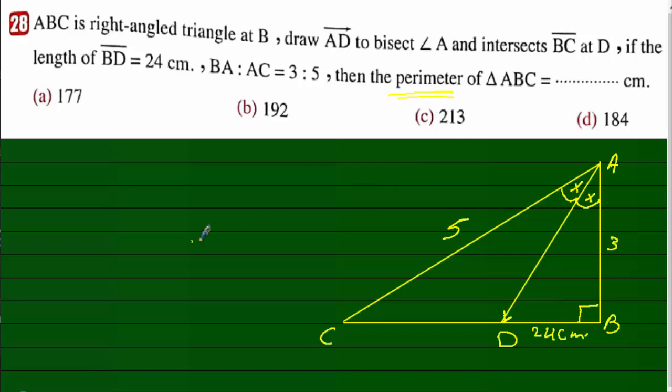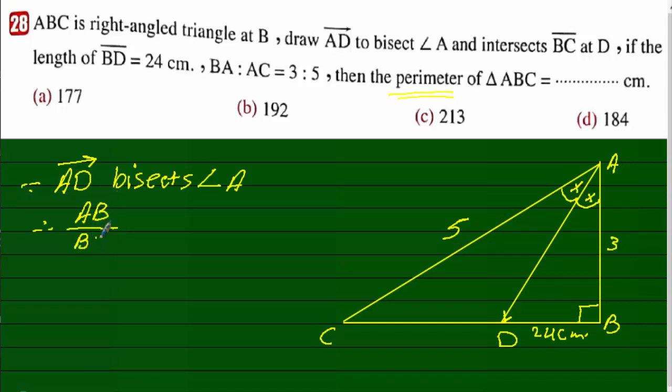Okay. Now, since AD bisects angle A, we have this ratio: AB over BD equals AC over CD.